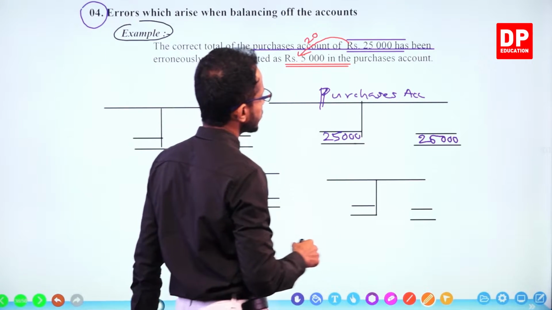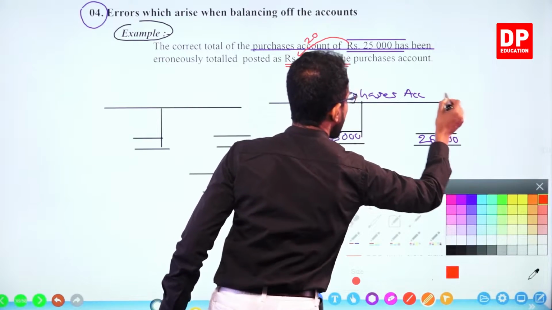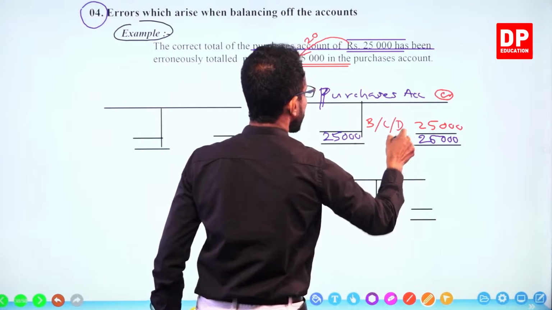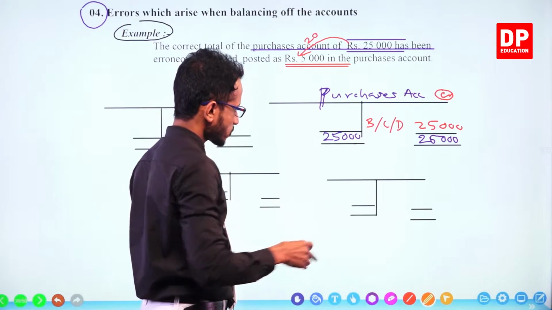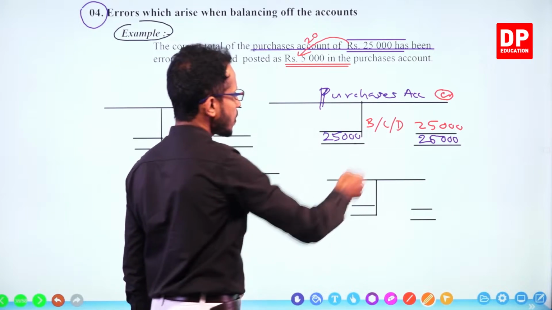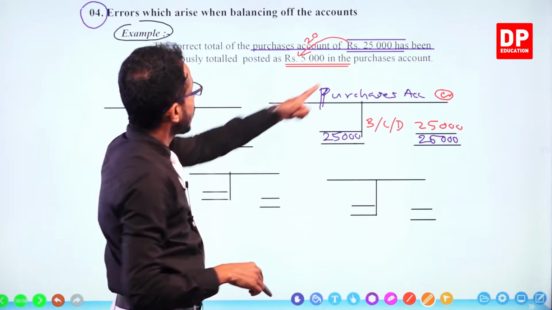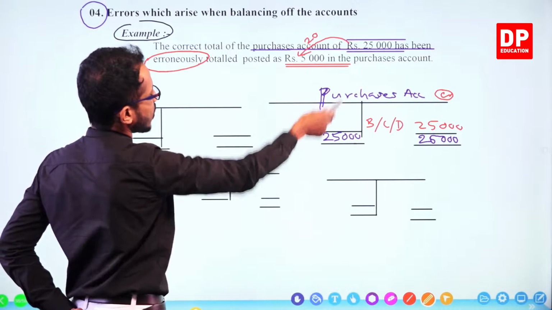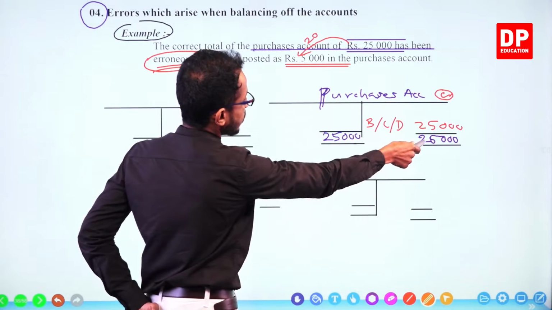Let's say there is nothing in the credit side, and the balance also should be 25,000, but has been erroneously totaled and posted as 5,000.